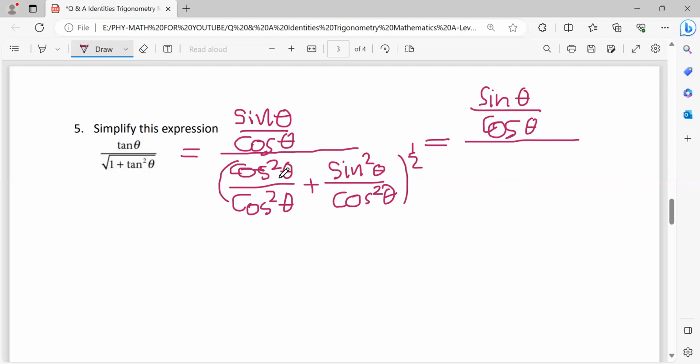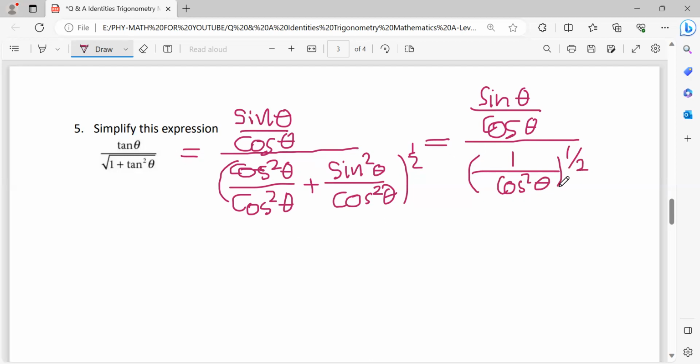Over cosine plus sine, over cos. So it's going to be cosine squared theta plus sine squared theta, equals 1. 1 squared, 1 power half equals 1, and this is cos theta squared.